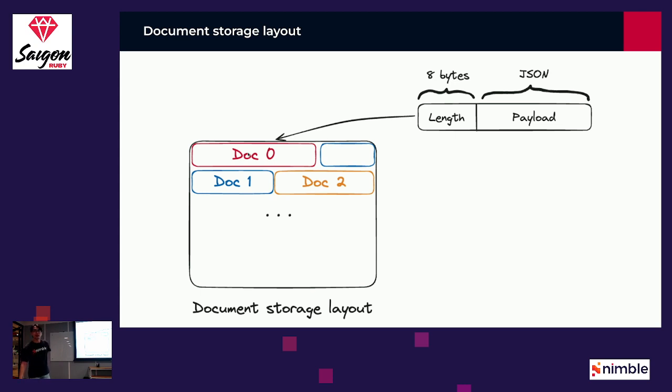What I need is the offset to the beginning of the file. For example, this document's offset is 0, meaning it starts at the very beginning of the file. Document 1's offset is going to be, let's say, 24. And doc2's offset is going to be, let's say, 36. If you somehow manage to get that offset, you can quickly retrieve the document.